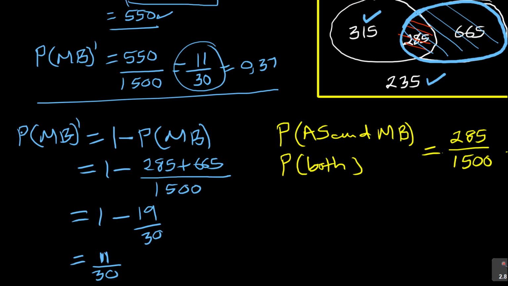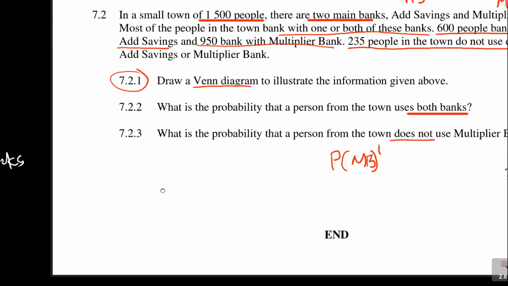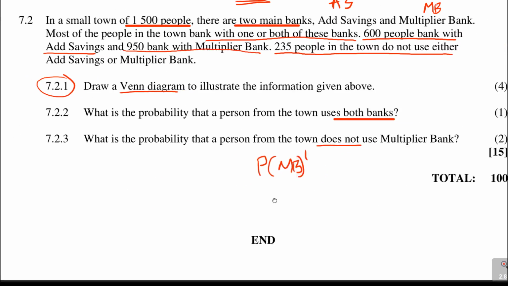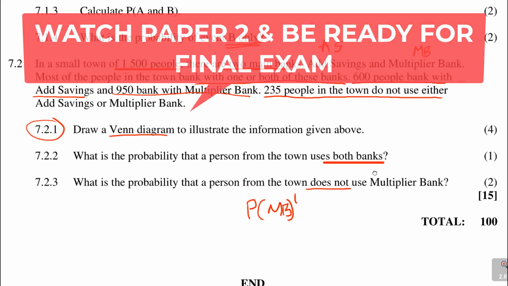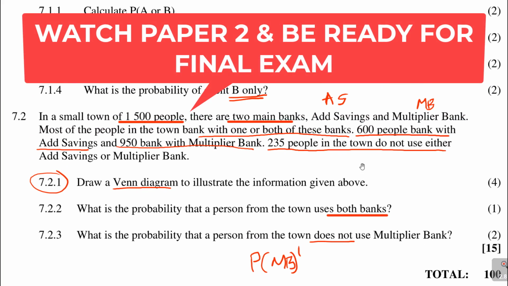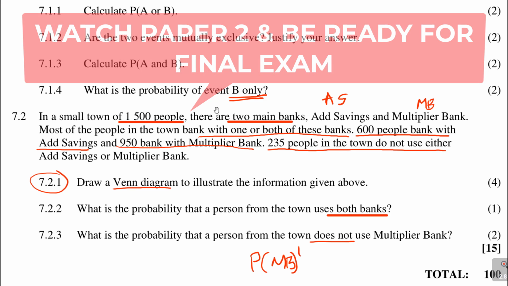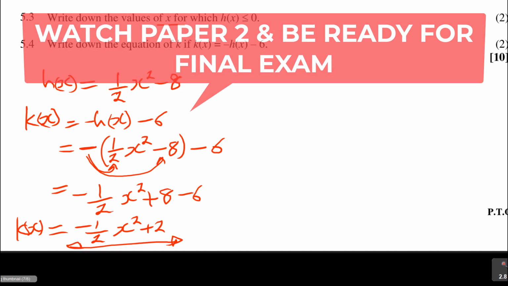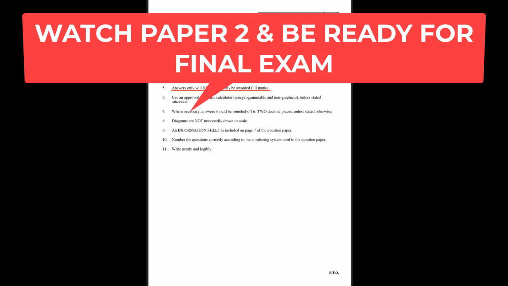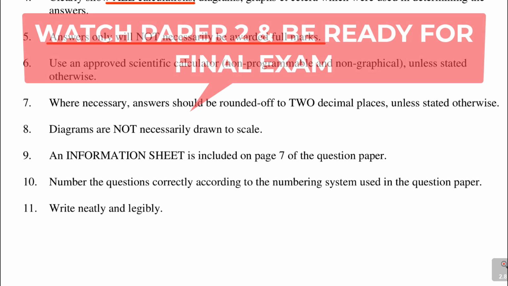Alright, so guys, this is the end. This is the end of this question, 100 marks. I hope you guys were benefiting or are benefiting from this revision. In the next session, I'm going to look at paper 2 of the same paper. I asked about the rounding off. They said 2 decimal places, so this was very important.